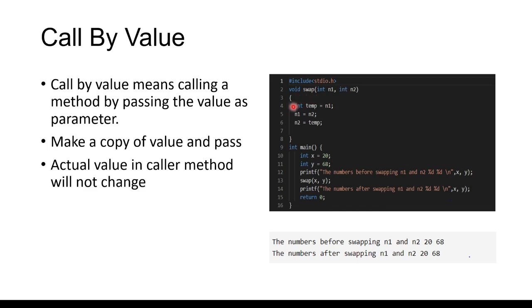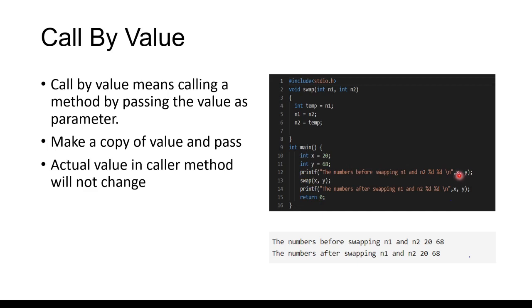Now whatever operation you perform on these copied values, it will not reflect in x and y. Okay, so you do addition, subtraction, increment, decrement, anything you do here, that will not reflect in x and y, because n1 and n2 are just copies of x and y. After execution of this program, if you observe, before calling the swap, we are printing x and y values.